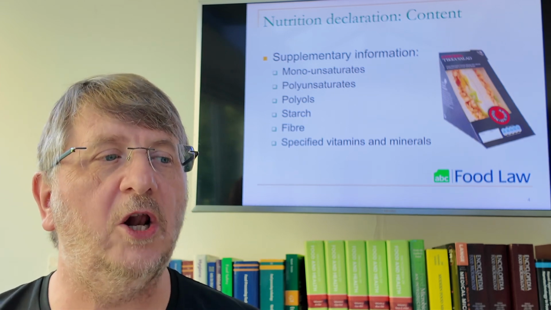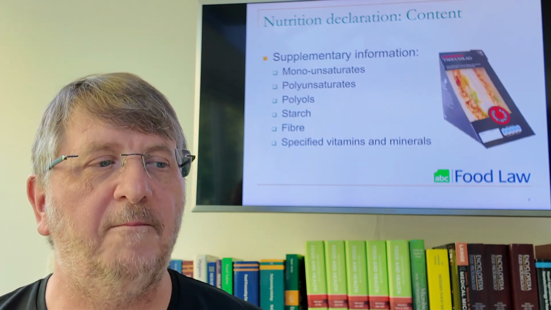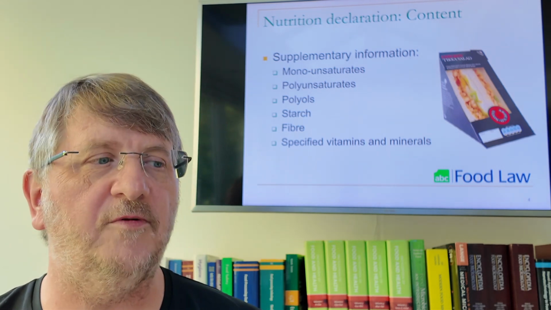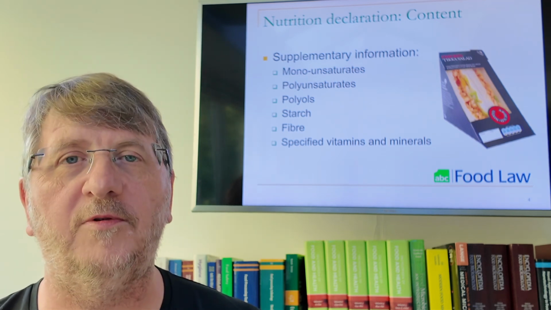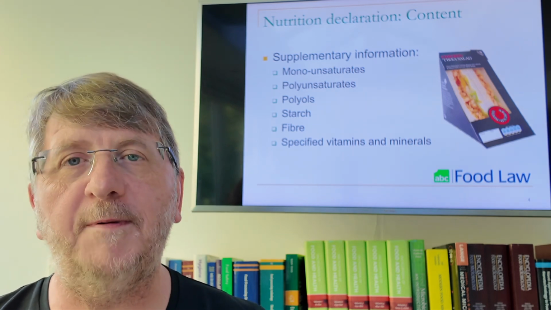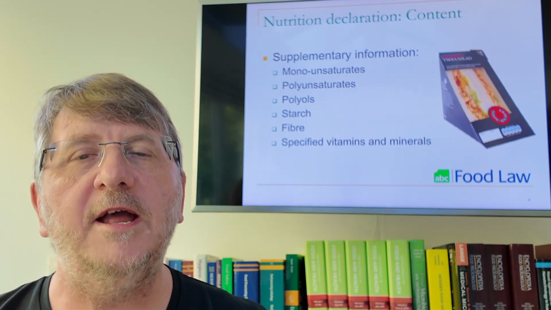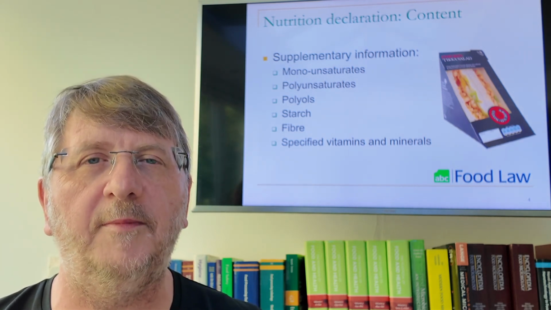So you can include, in addition to your fat declaration, your monounsaturates and your polyunsaturates. You can include, as part of your carbohydrate declaration, polyols and starch, and you can include fibre and specified vitamins and minerals. Now, in terms of vitamins and minerals, there are additional rules here, and I will run through some of them in a moment.